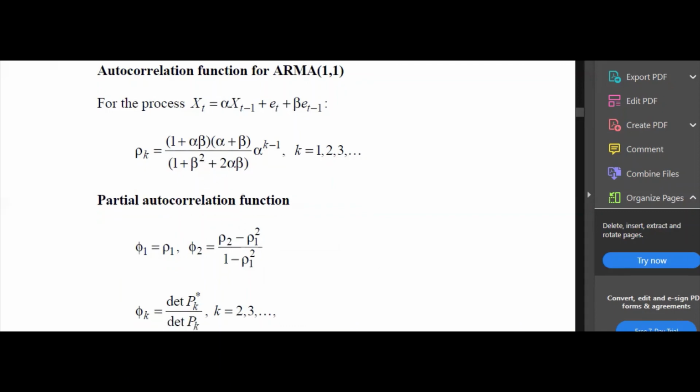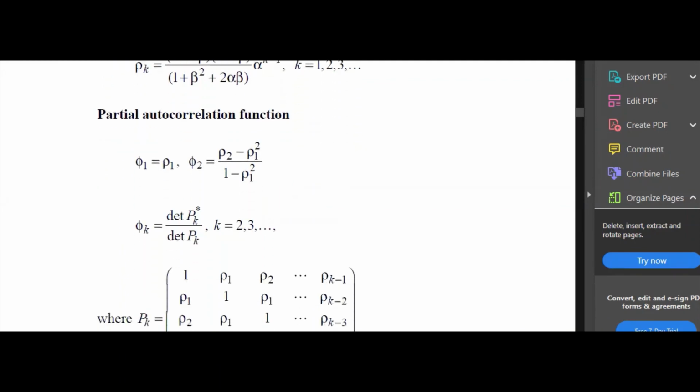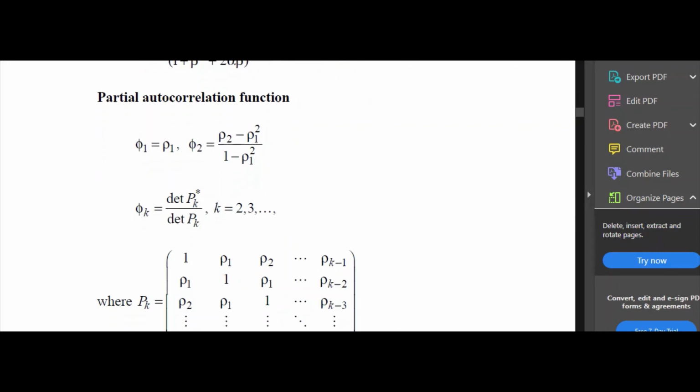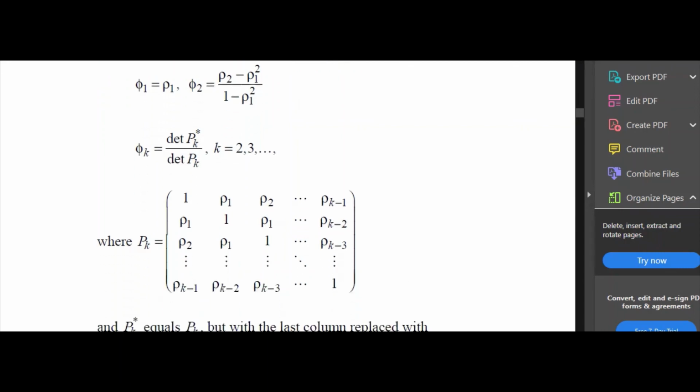And the partial autocorrelation function, you need to find this way. Phi 1 is rho 1, phi 2 is rho 2 minus rho 1 square divided by 1 minus rho 1 square. Phi k is given by this, but you can directly see how it is. 1, rho 1, rho 2, you continue. Here also you continue.